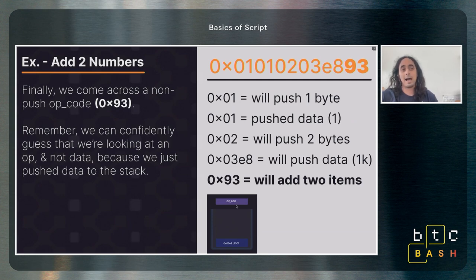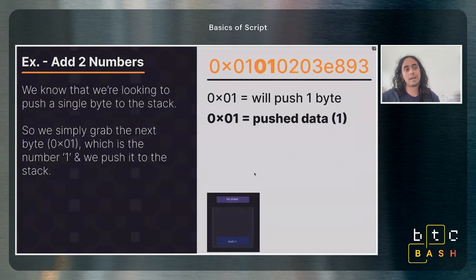So what op-add does, as you would assume, op-add consumes 2 items in the stack and then returns 1 item. And so here, it took in 1 and 1000 and it returned 1001. And so ultimately, this array of bytes represented a script, and that script allowed us to add the numbers 1 and 1000. And below it, again, you can track how this stack dealt with this.